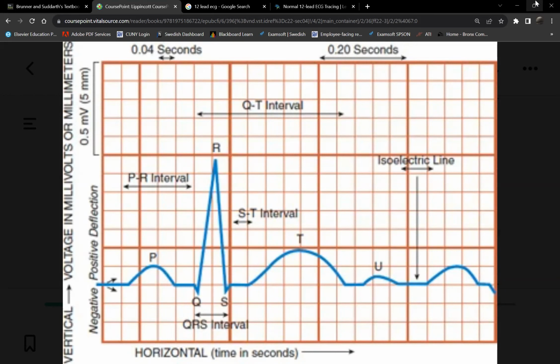So if you have 60 to 100 beats per minute, and that's the appearance on the ECG, imagine what the PR interval will look like. If someone's heartbeat is 200 beats per minute, will it look like this? What will happen to the PR interval? The higher the heart rate, the narrower or the shorter the PR interval will be.